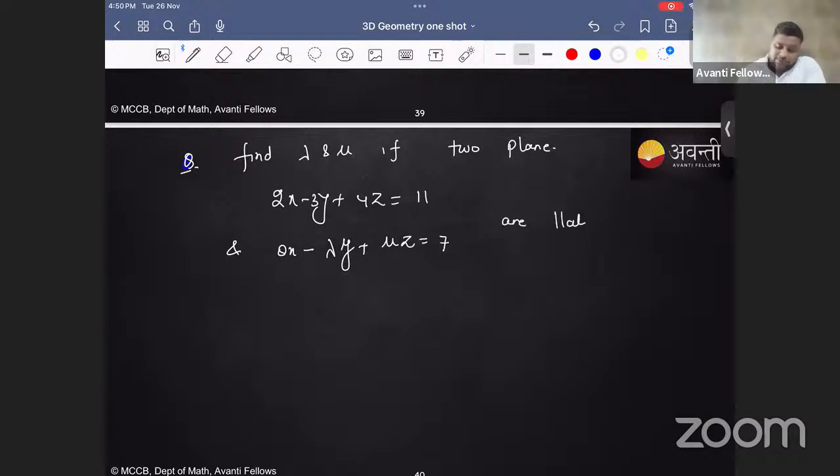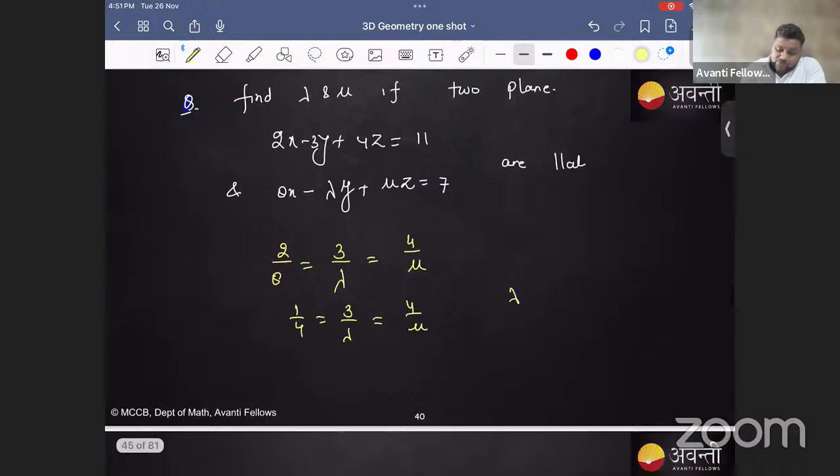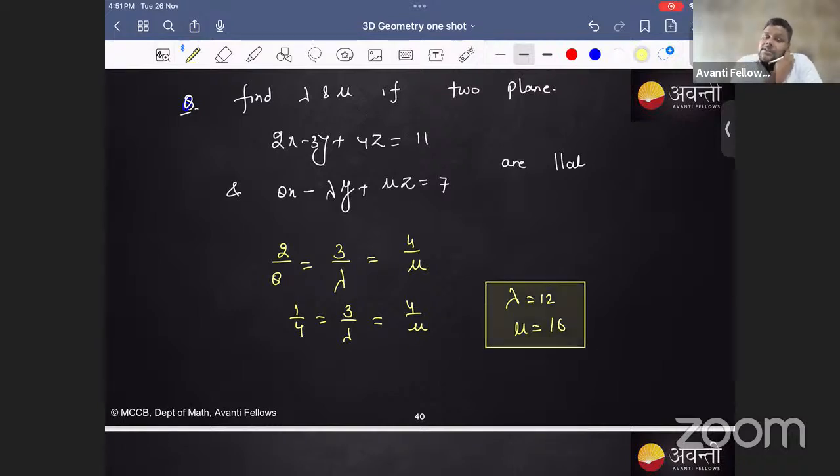So if these two planes are parallel, that means 2 by 8, A1 upon A2, is B1 upon B2, 3 by lambda, is C1 upon C2, 4 by mu. So 1 by 4 is 3 upon lambda is 4 upon mu. So lambda goes 12. Mu goes 16. So if you put these values of lambda and mu, you will get the planes parallel. Am I clear?